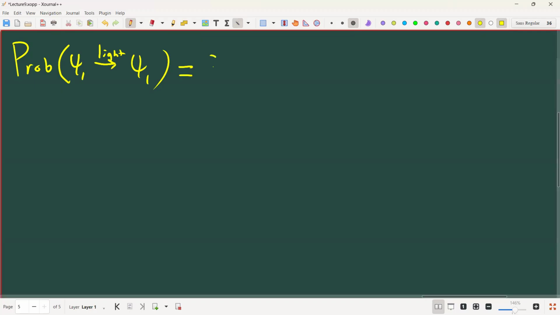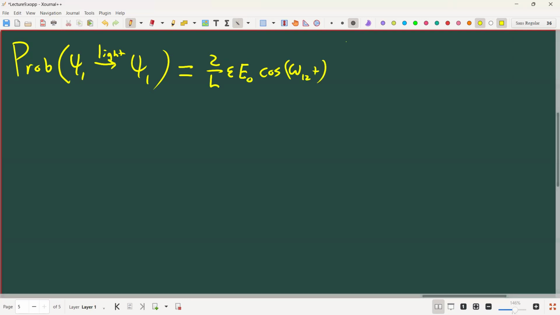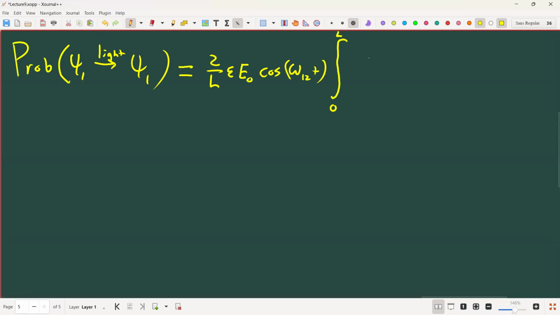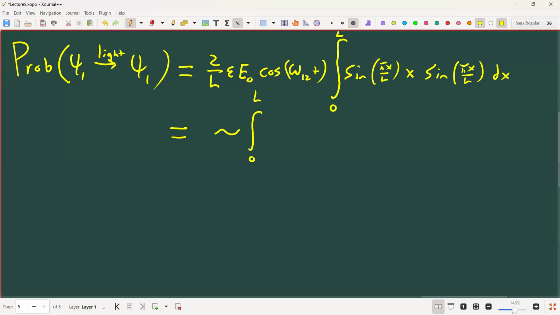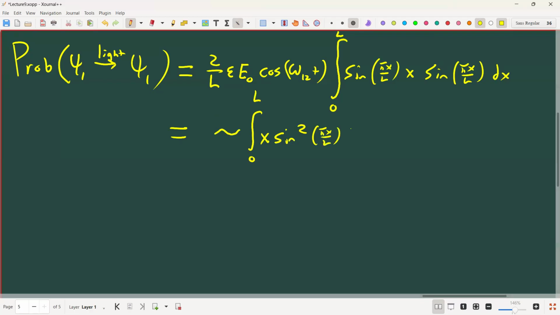So again, this is just some numbers, 2 over L, epsilon E naught, cosine omega 1,2 t, times the integral from 0 to L of sine pi x over L, x, sine pi x over L, dx, which is equal to just some numbers times the integral from 0 to L of x sine squared pi x over L dx. It's not really clear what the result of this is.